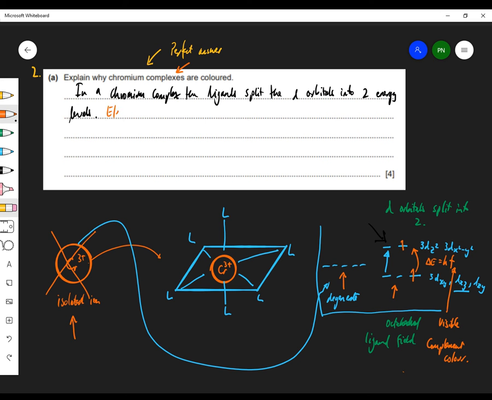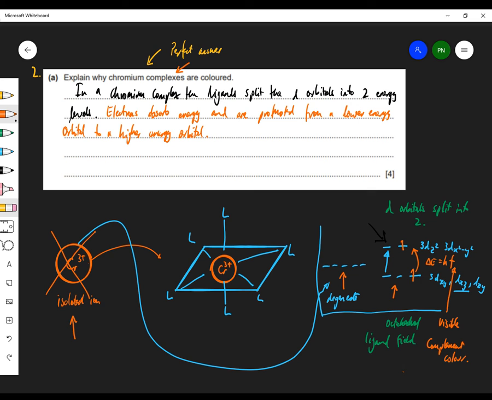Electrons absorb energy, sorry, let me make it perfect if we can. Electrons absorb energy and are promoted from a lower energy orbital to a higher energy orbital.